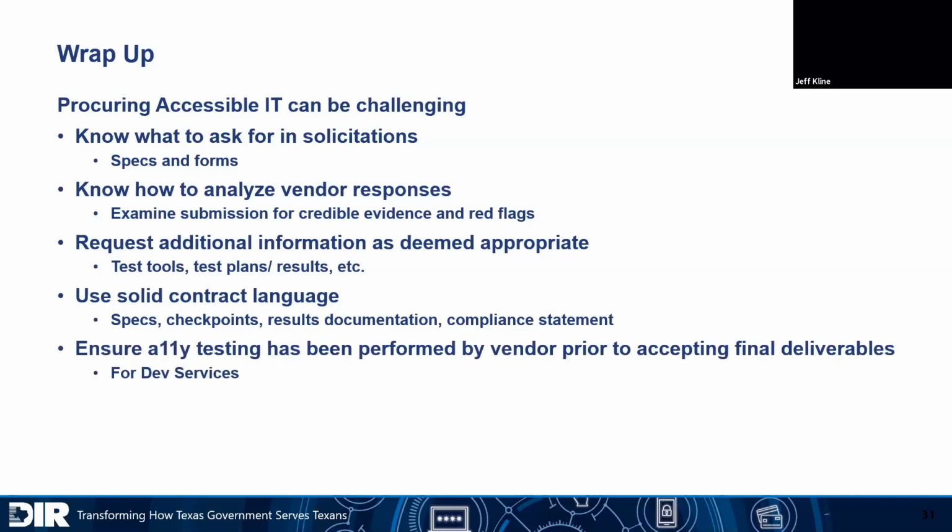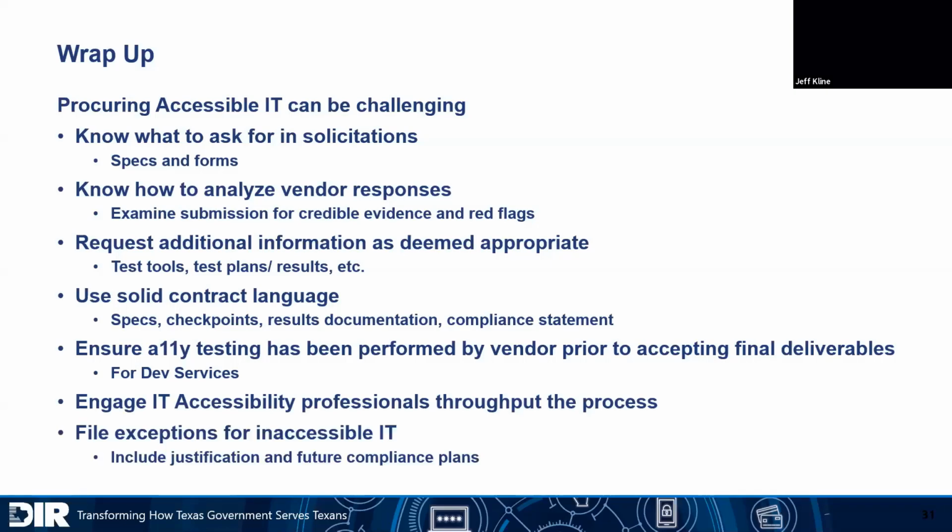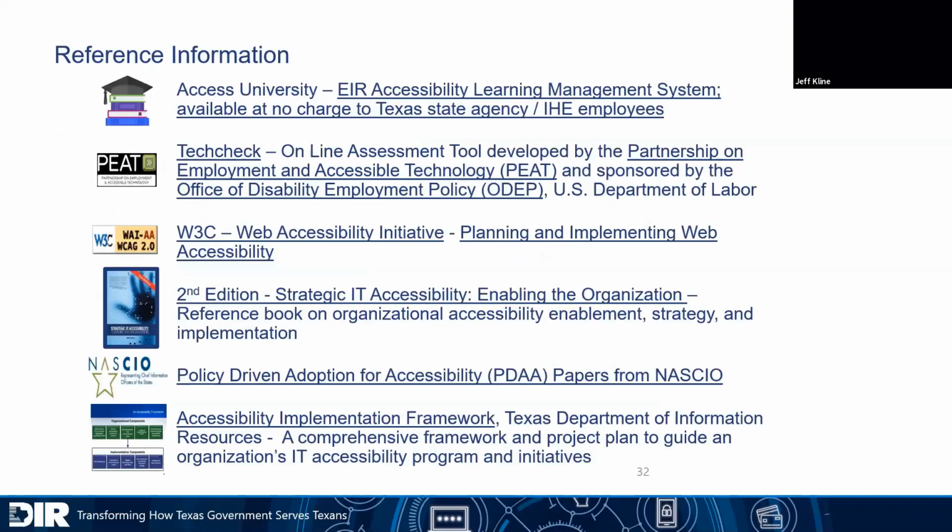Ensure accessibility has been performed by the vendor prior to accepting final deliverables, and that's really important for dev services. Engage accessibility professionals throughout the process, and file exceptions for inaccessible IT and include justification and future compliance plans.